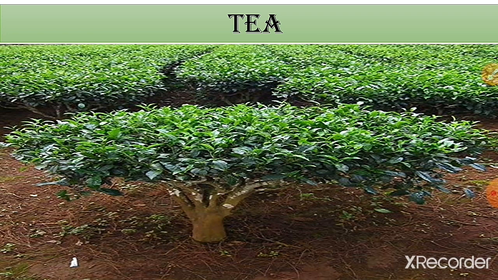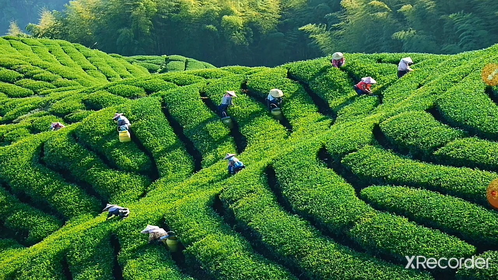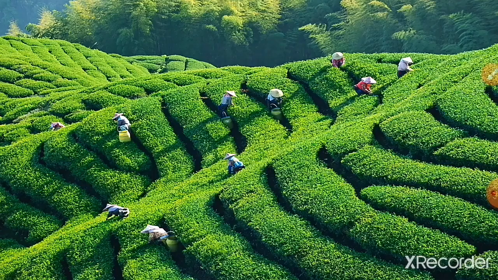Tea. Tea is an evergreen plant that mainly grows in tropical and subtropical climates. Tea is labor intensive and grows faster under light shade. Tea plants require high rainfall, but its roots cannot tolerate waterlogging.